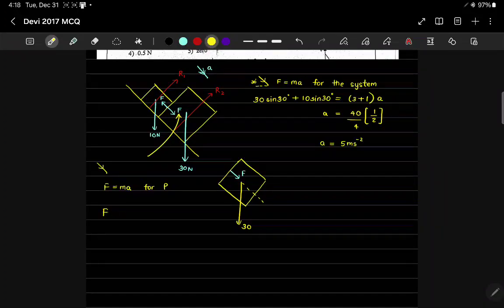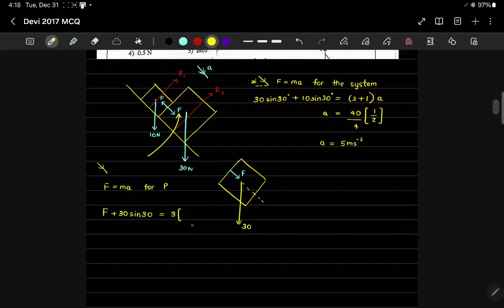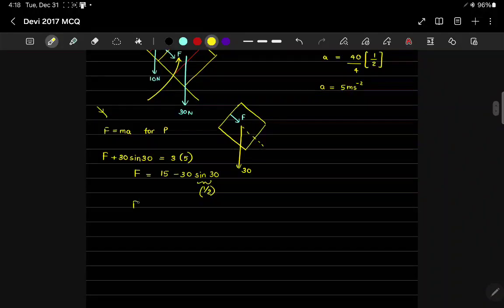So F plus 30 sine 30 should be equal to 3 times the acceleration, which won't be different from the acceleration we found before, A, which is 5. So F equals 15 minus 30 sine 30. 30 sine 30 is half, so F is equal to 0. 15 minus 15.